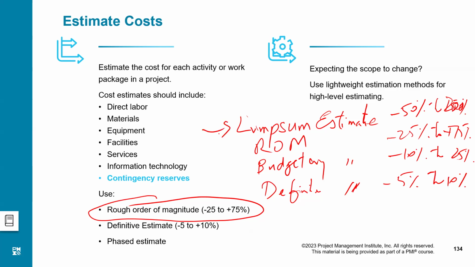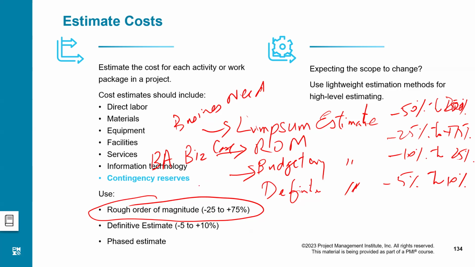The lump sum estimate applies to the business need, and it is done by the one who proposes it. The rough order of magnitude estimate is done by the business analyst for the business case. The budgetary estimate is done by the accounting people to allocate the budget for the project. They don't want to go into very much detail.